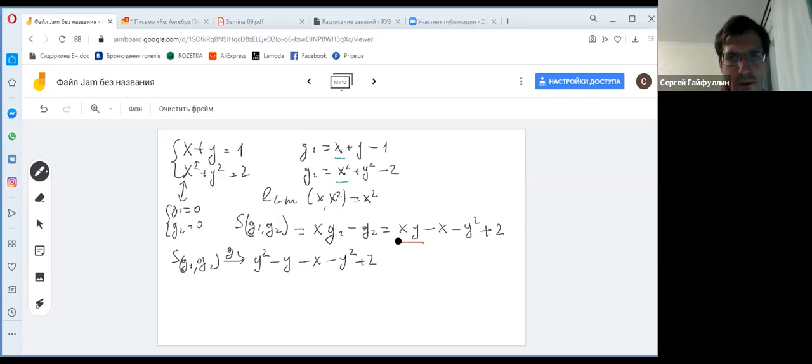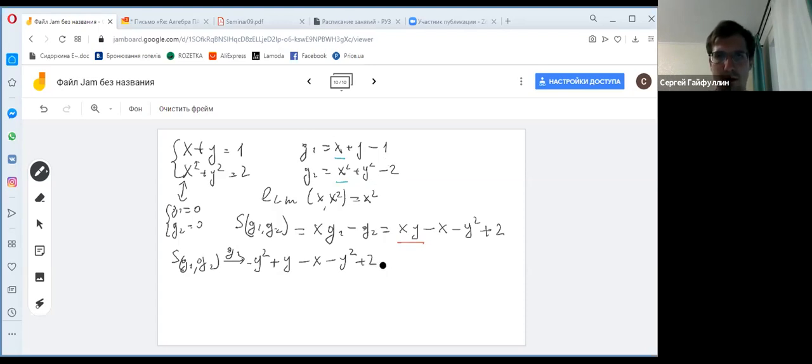Is there a mistake? Here is minus and here is plus. I'm sorry, because I should take g1 with coefficient minus y.